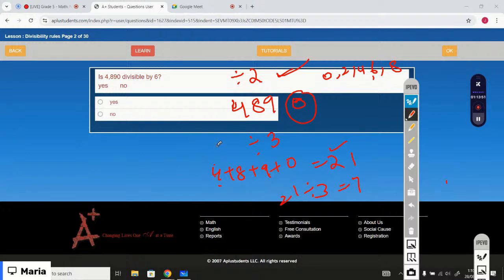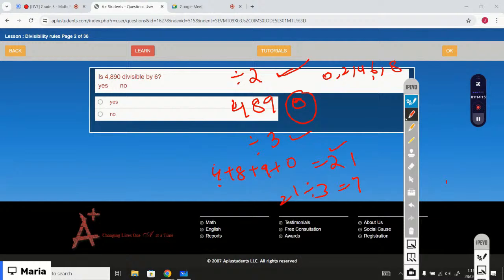So the number is divisible by 2 and divisible by 3. That means the number is divisible by 6, because the number is divisible by 2 and the number is divisible by 3.